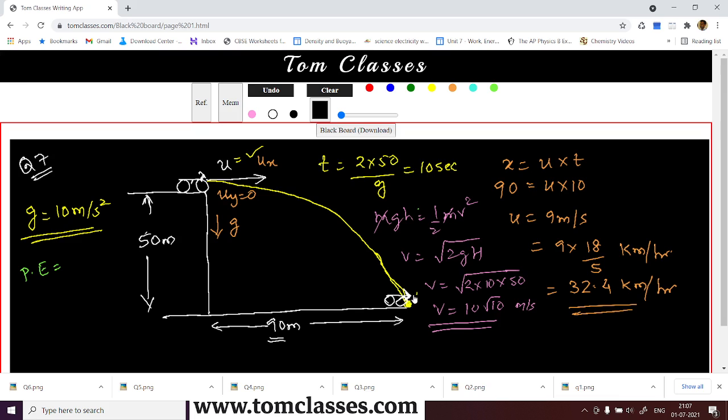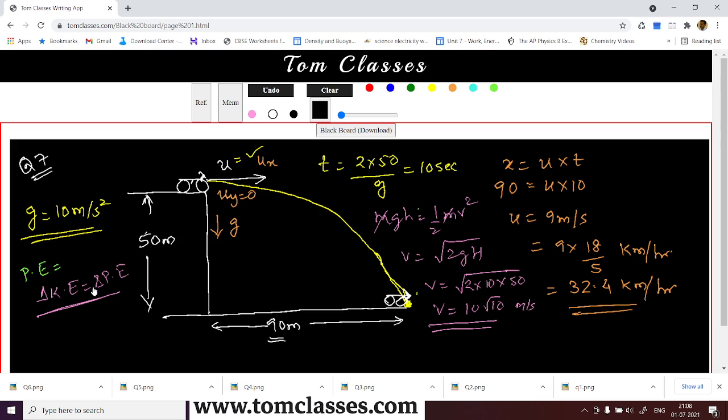So this is a change in kinetic energy. Change in kinetic energy is equal to change in potential energy. So this will give us a change in kinetic energy, but we don't know what is the final velocity.